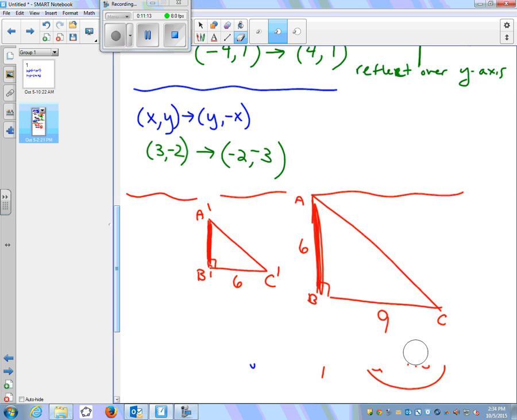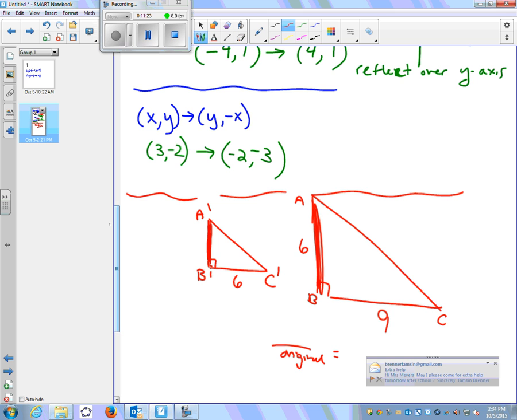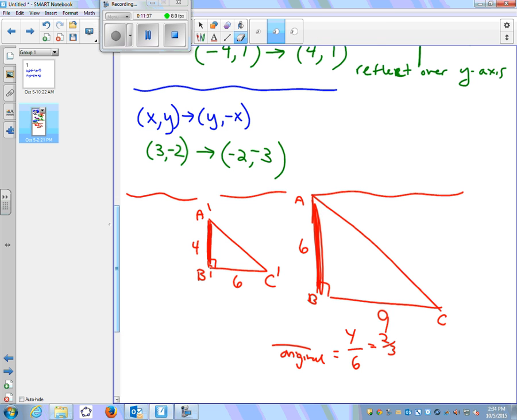The one on the right, right? So this one is shrinking. So original on the bottom again, you're going to do 6 on the bottom and 4 on the top. Then this will be 2/3, because it's going from this to this, so it's shrinking. Okay, so you just got to be careful that you're looking at where the primes are for that.